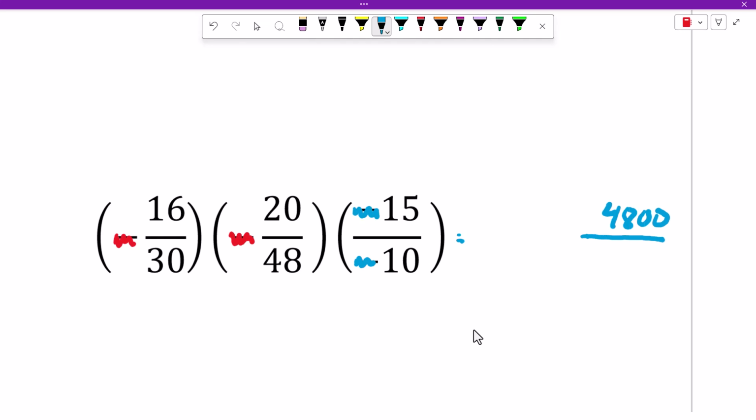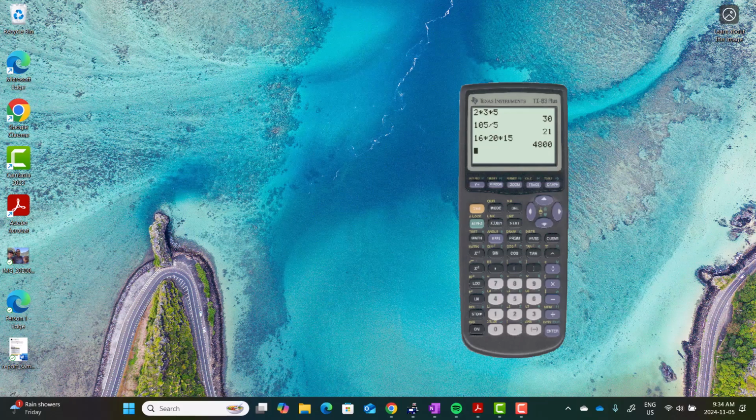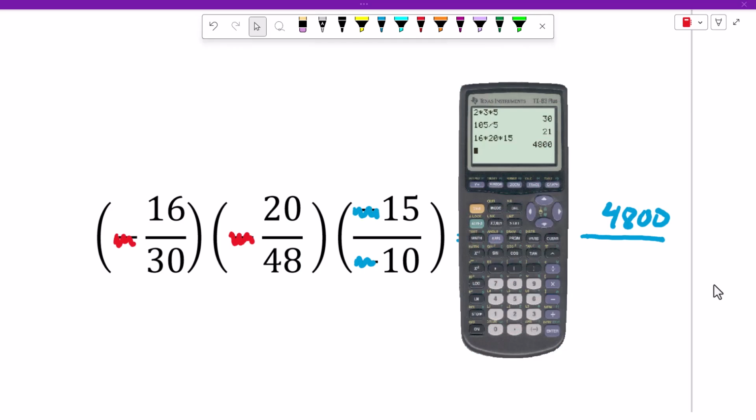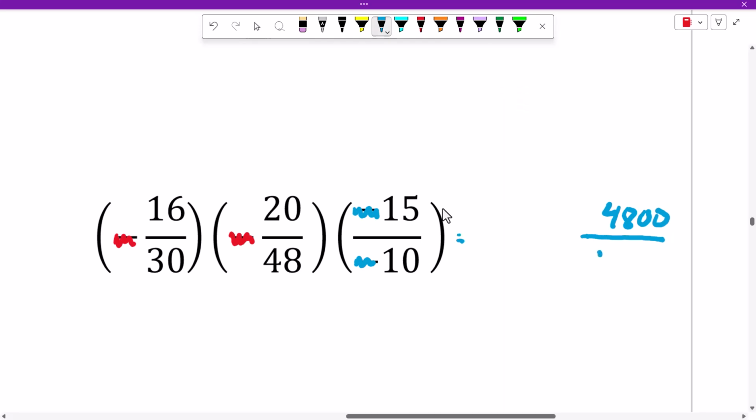Then I multiply the bottoms together. And so I have 30 times 48 times 10, and I get 14,400. Right? And then you start simplifying.